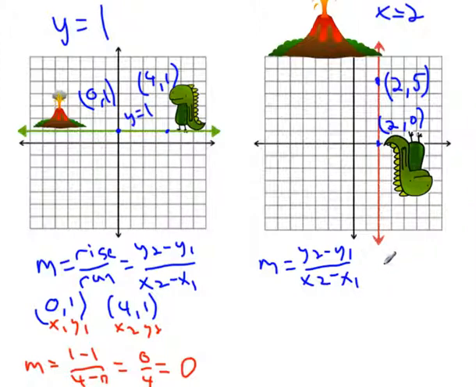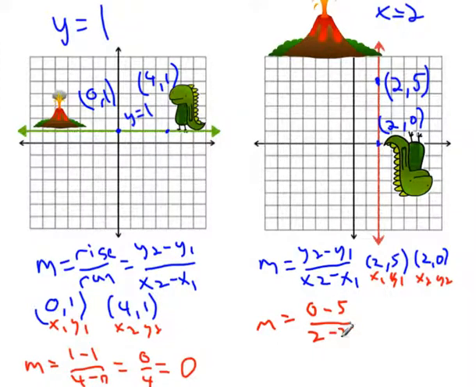So if our 2 points are, let's see, we have 2, 5, and we have 2, 0. So let's label those x1, y1, x2, y2. So the slope in this case will be, if we plug it into our formula here, 0 minus 5 over 2 minus 2.